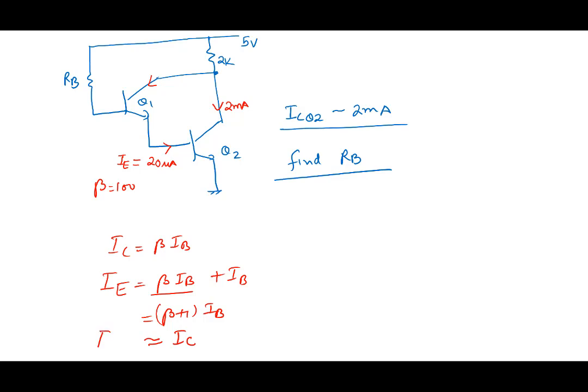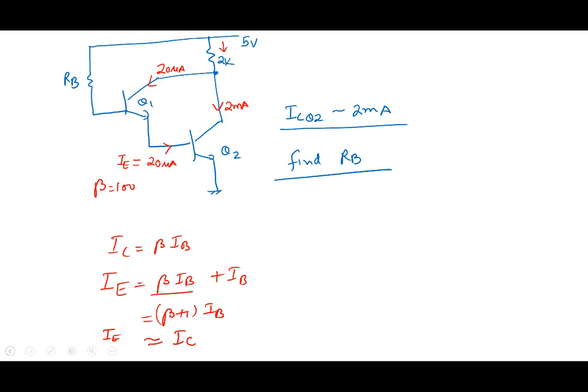In forward active, IE is equal to IC. So this is also 20 microamperes. What is the current flowing in 2K? Almost what? Almost 2 milliamperes, right? Because the current flowing would be 2 milliamperes plus 20 microamperes. So 2.02, which is approximately 2.